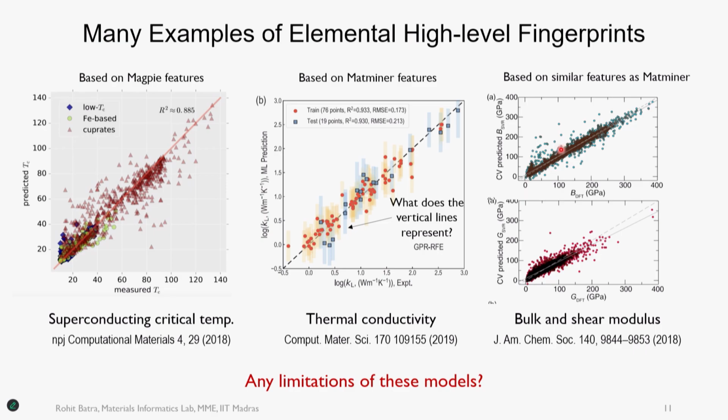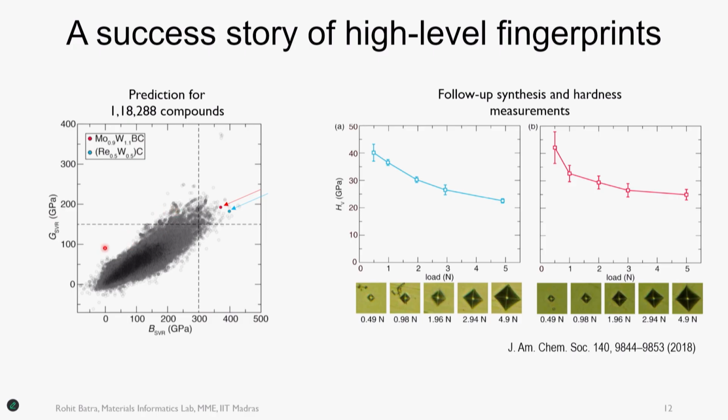What they did, they had a lot of computational data available to them. They trained their model on computational data, used the model to make predictions for new cases. So what this model is predicting is an estimate of DFT computed bulk modulus and shear modulus.